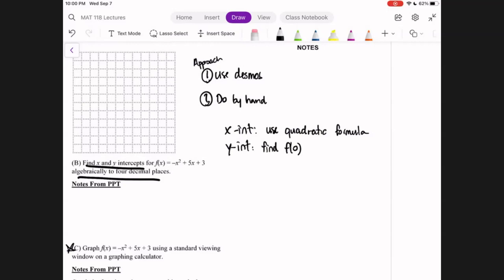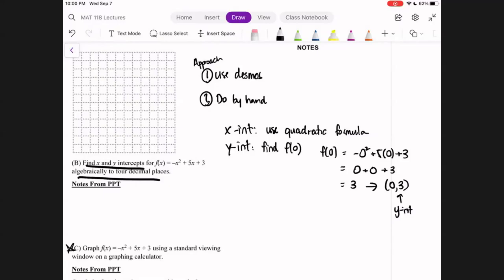So if we plug that in, f of 0 would be -0 all squared plus 5 times 0 plus 3. So if we simplify this, I get 0 for the first term, plus 0 plus 3, so I get 3. So this tells me that I go through (0, 3). So this is your y-intercept, because remember the y-intercept is the y value when x is 0, but we saw that on the graph already.